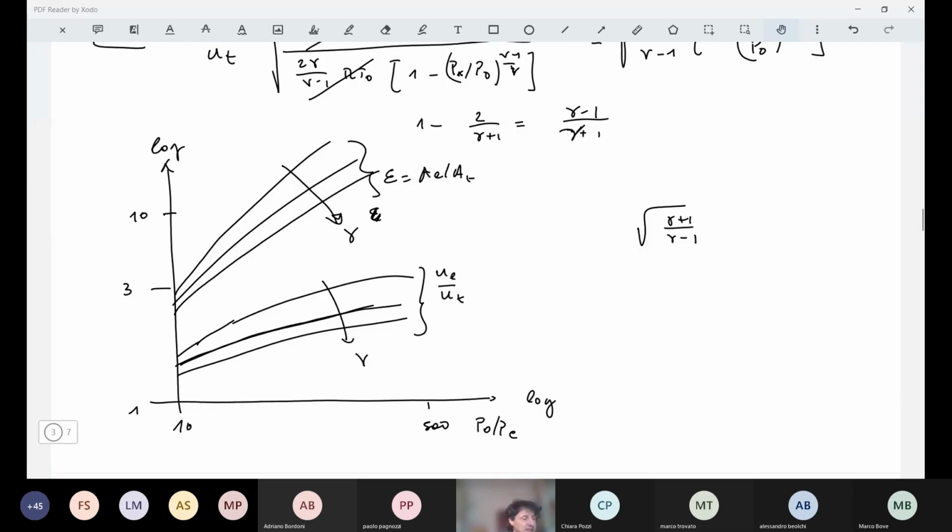So the comment here is that the existence of a diverging part of the nozzle allows us to increase the exhaust speed by a factor up to 2 or 3 times. To do that, we need rather high values of this AE over AT, which is our area ratio.